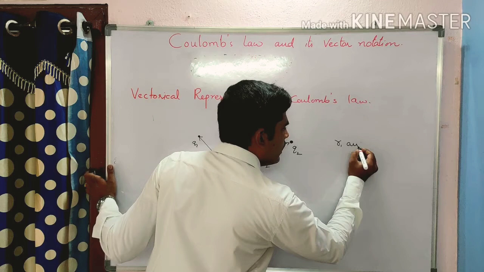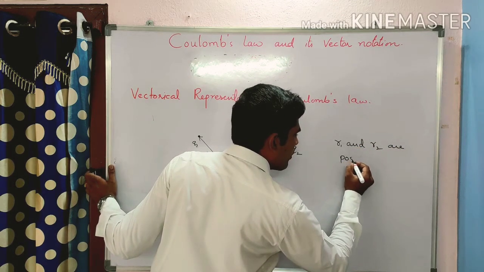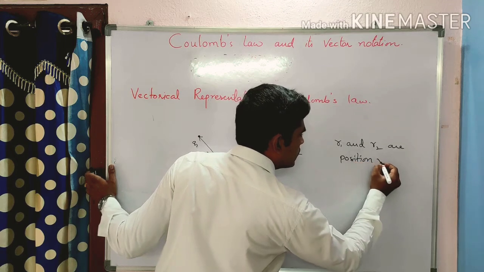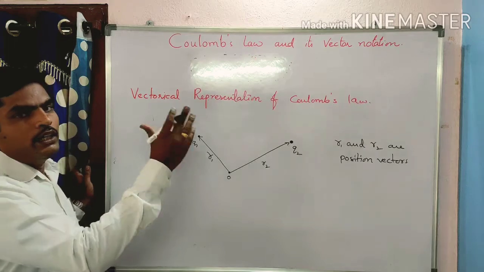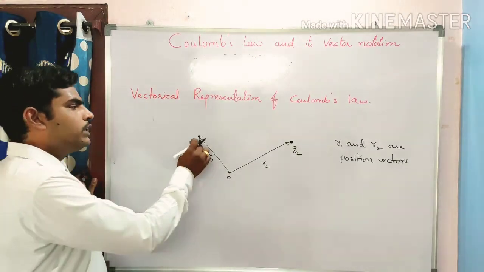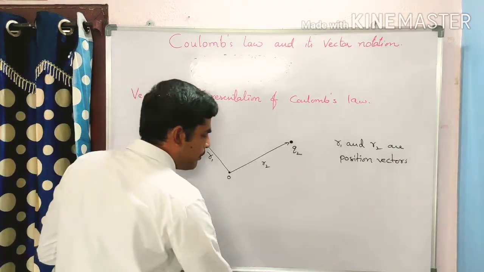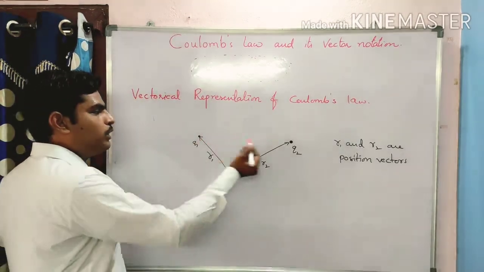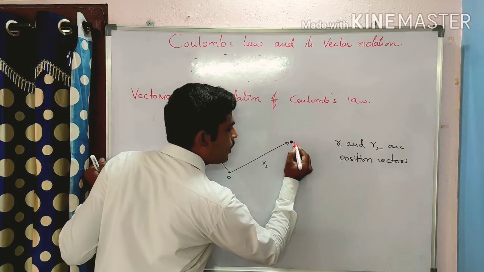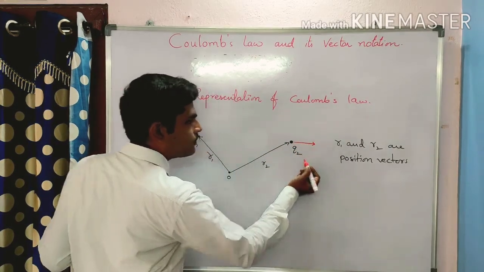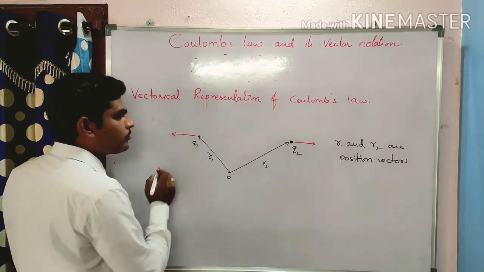R1 and R2 are position vectors representing the positions of Q1 and Q2. Now these two charges are separated by a distance. Suppose these two are like charges. Then Q1 pushes, repels, Q2 in this direction. Q2 repels Q1 in this direction.